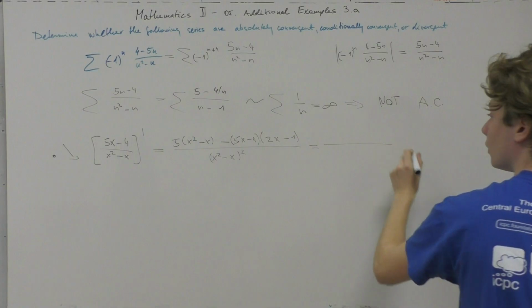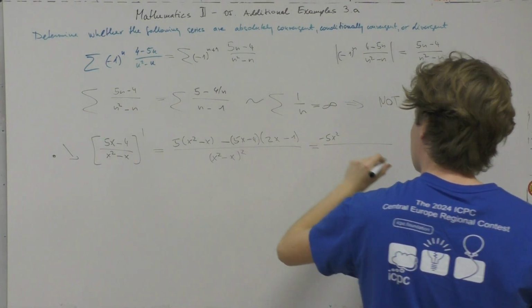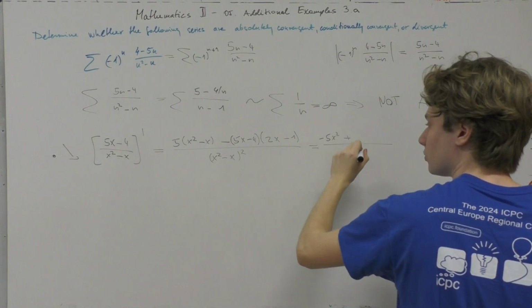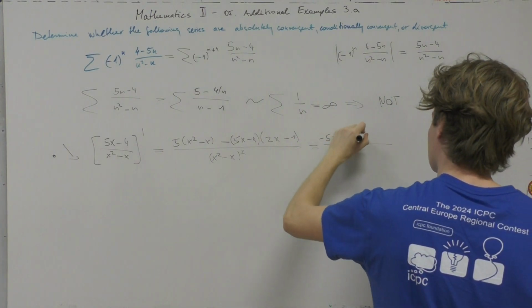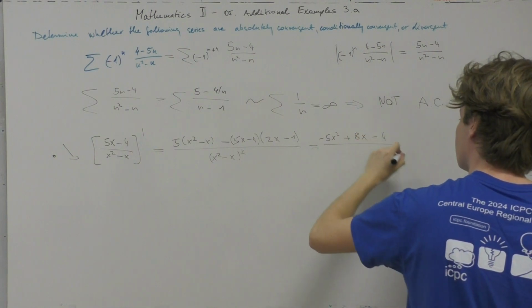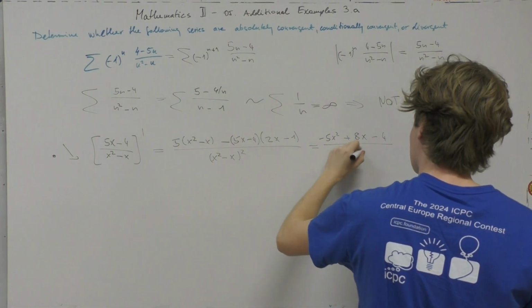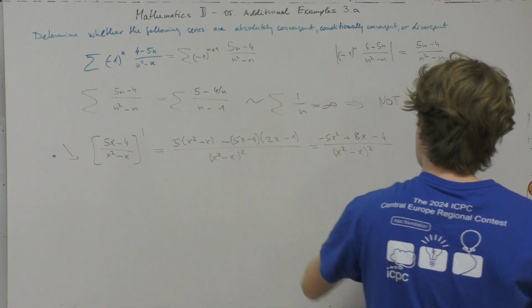On the top we have -5x^2 + 8x - 4, and on the bottom we have the same thing, (x^2 - x) squared.